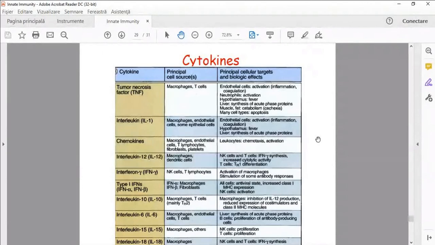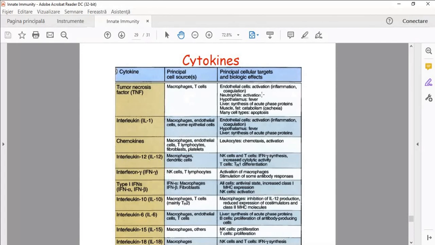The most important cytokines released by these innate immune cells are tumor necrosis factors, but these are released not only by macrophages but also by T cells. The most important action is on endothelial cells, which leads to activation of these cells and also activation of neutrophils.